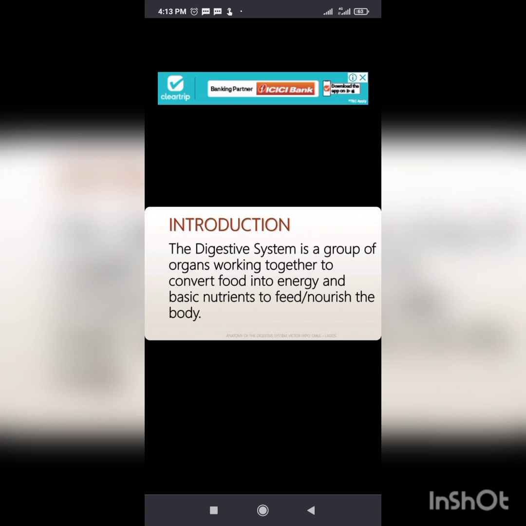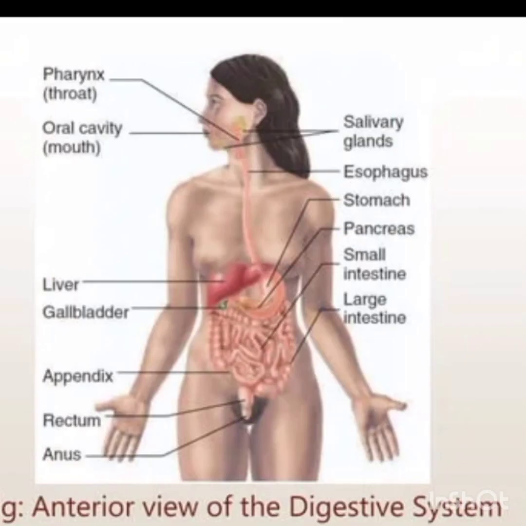The function of the digestive system is to convert the solid food material into microparticles, so that it can mix with the blood directly and carry the energy to the body parts.